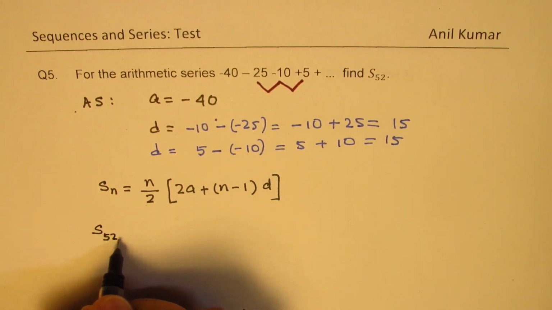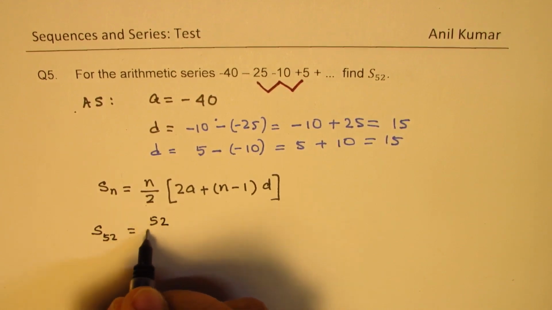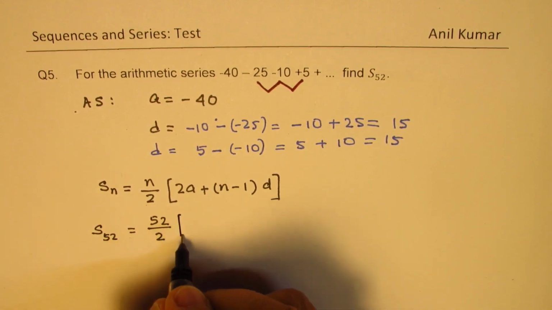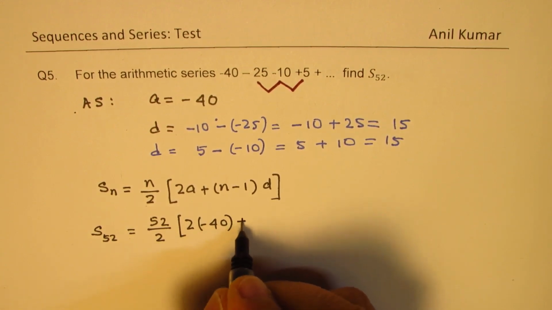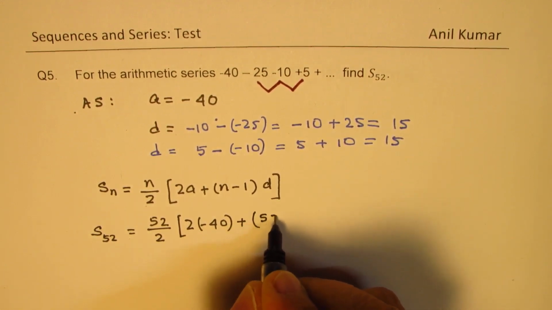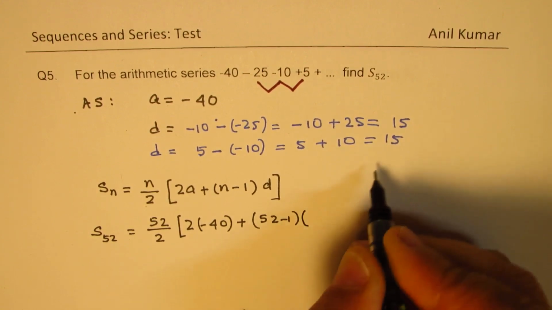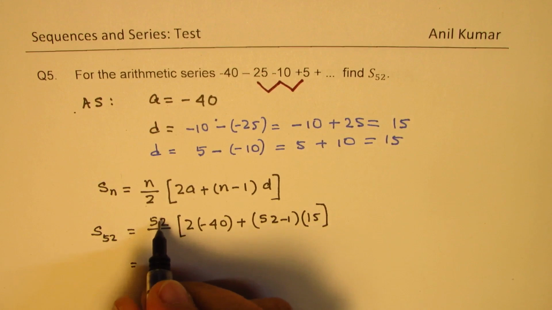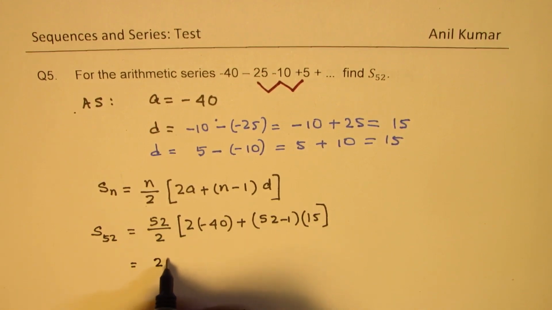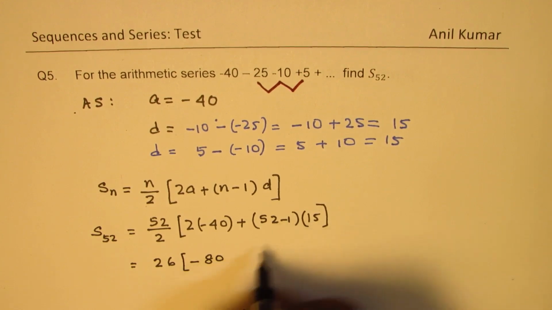So S52 will be equal to 52 divided by 2 times twice a, which is minus 40, plus 52 minus 1, and d is 15 for us. So we have half of this, which is 26, times minus 80 plus 51 times 15.